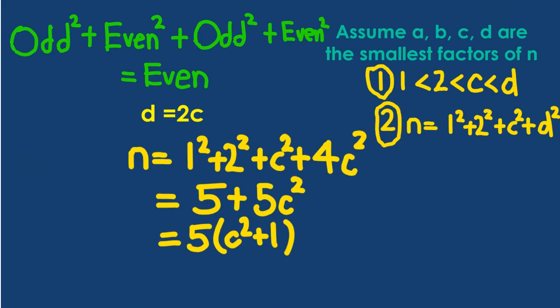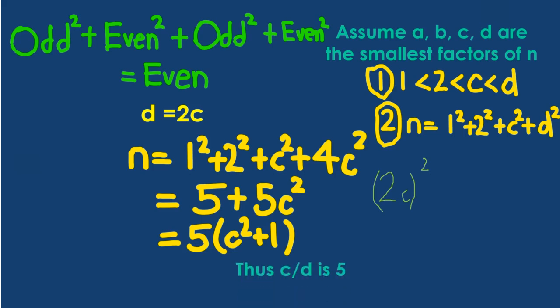So n is going to be 1 plus 2 square plus C square plus (2C) square. Now (2C) square is 4C square. So 5 plus 5C square, if I factorize it, it will be 5 times (C square plus 1).